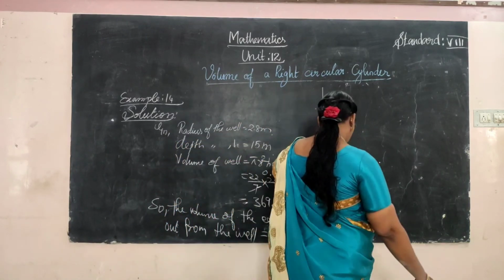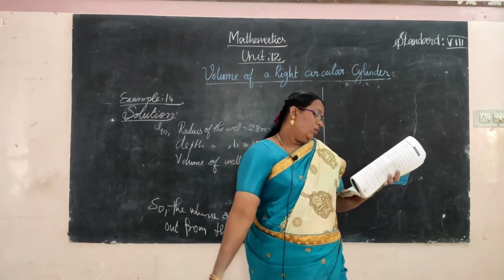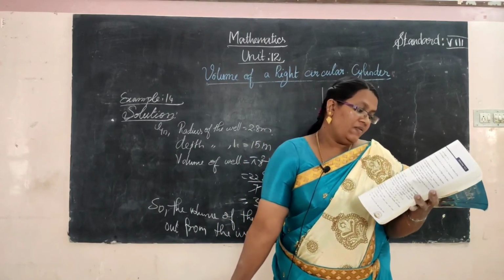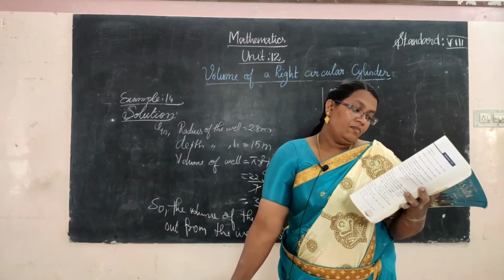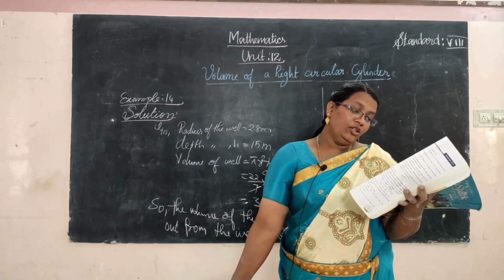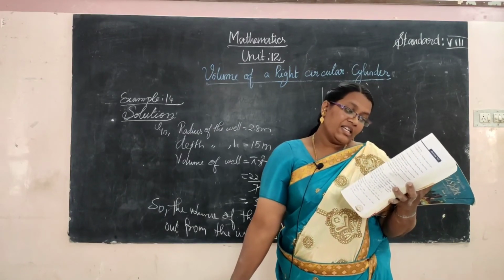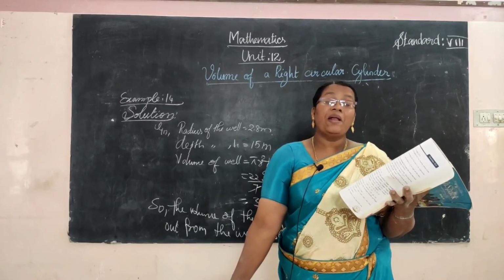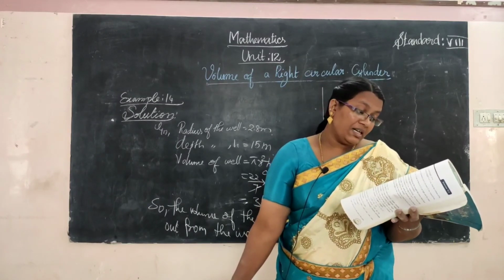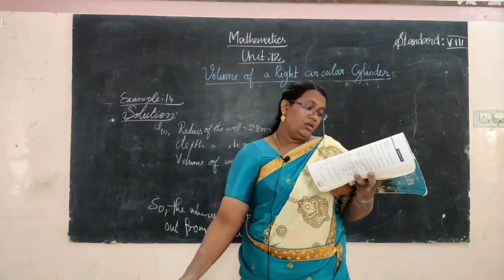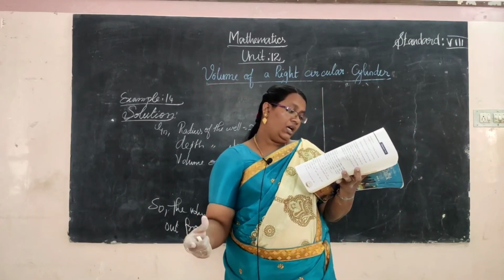Okay, now the other data is given. The plot of land to make a high rise platform. If the height of the platform is 3 meter, then find the area of the plot.